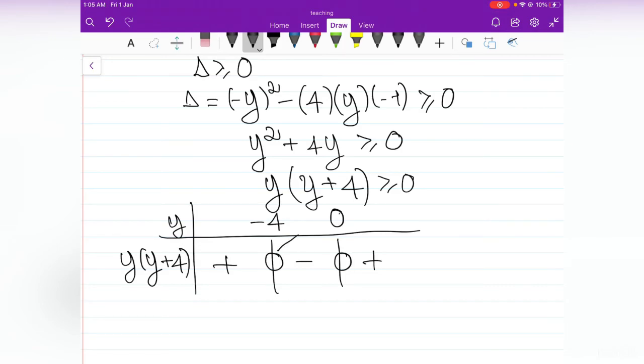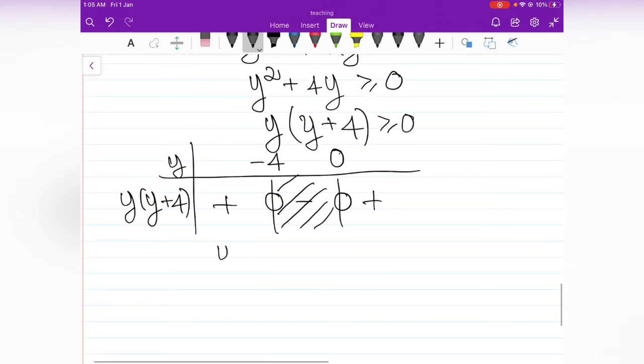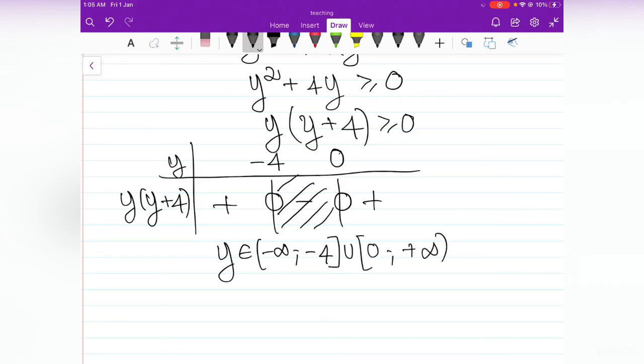And therefore, you do not include any value between minus 4 and 0. So y is the value from minus infinity to minus 4 and from 0 to positive infinity.